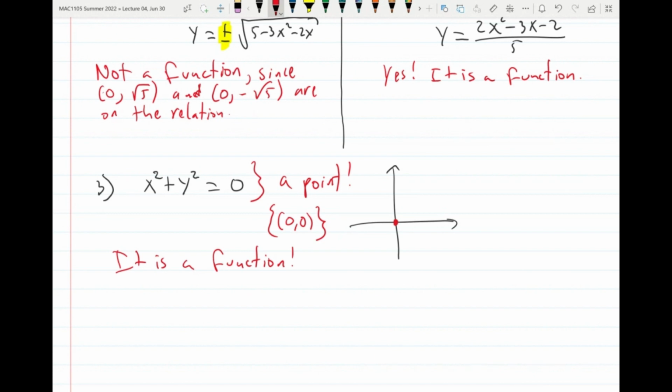In this case, 0 is only related to 0, and that's it. Do you understand this? I don't want to say that every time you see a y squared, it's not a function. Well, you see a y squared, and it's a function. Now, other than this, most likely it's not going to be a function. All right. Questions?